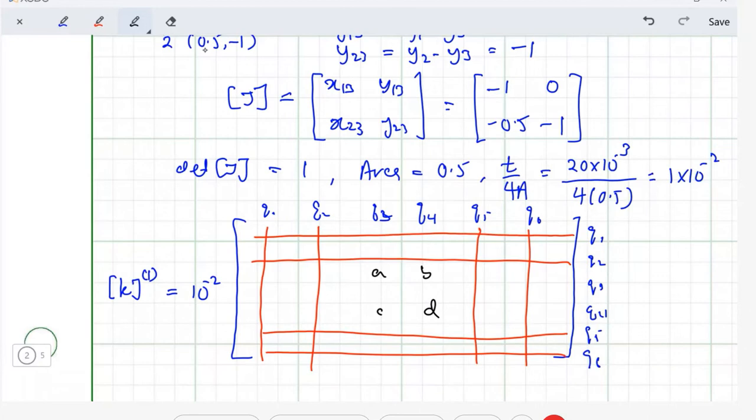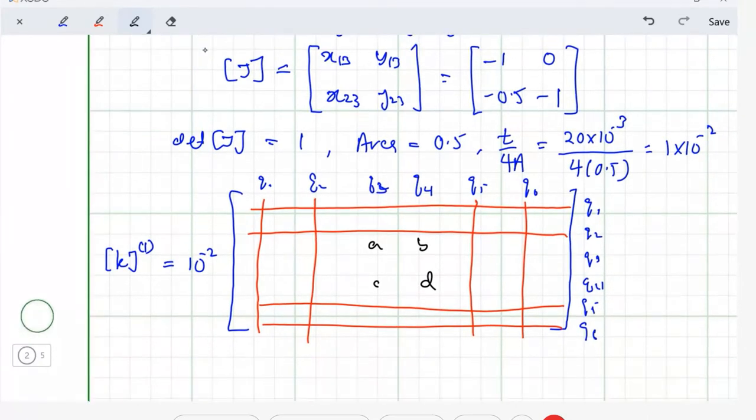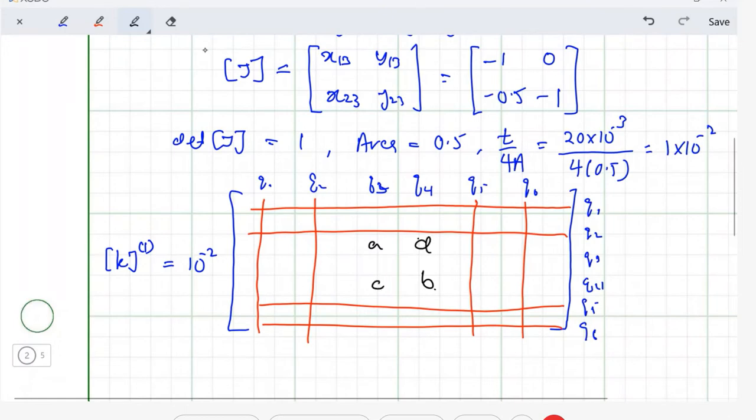So what is A, B, C, D? Note that C and D are symmetrical. Commonly, most of the time, C is equal to D. But A and B are not equal because they are the diagonals.